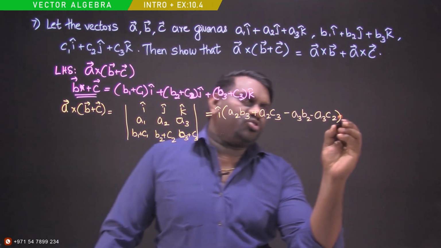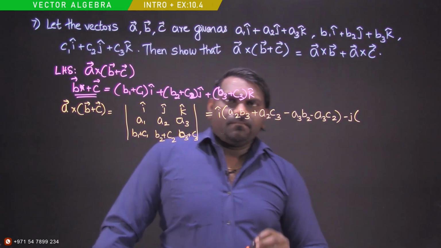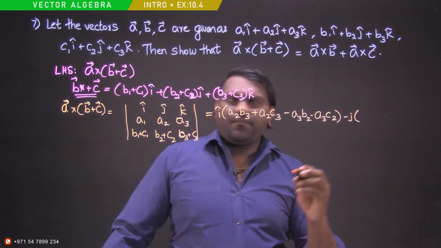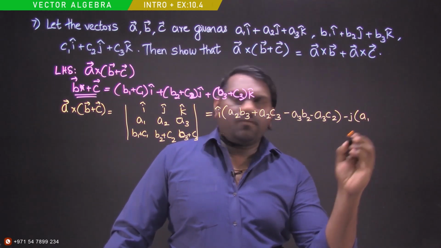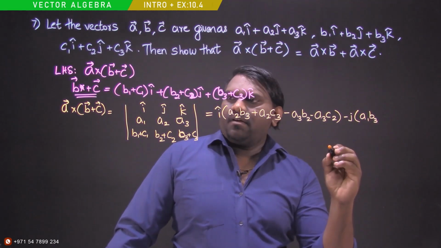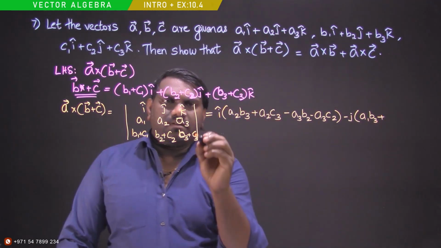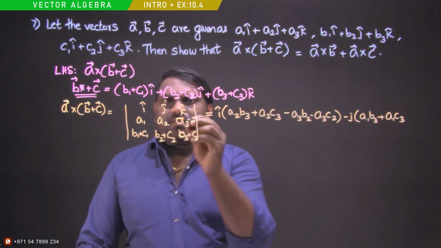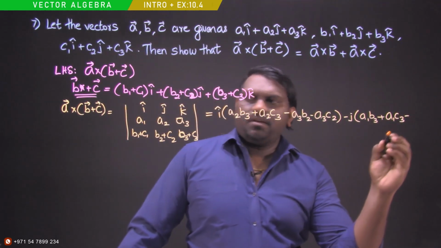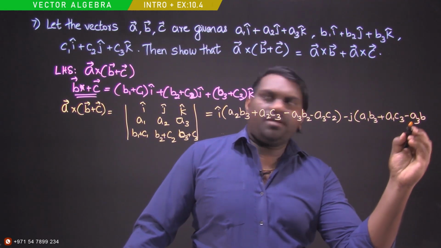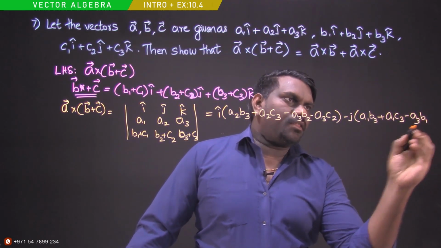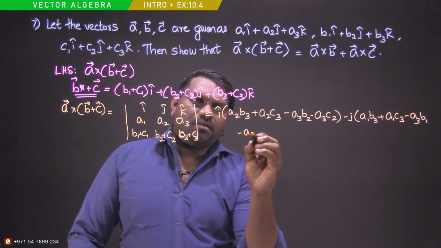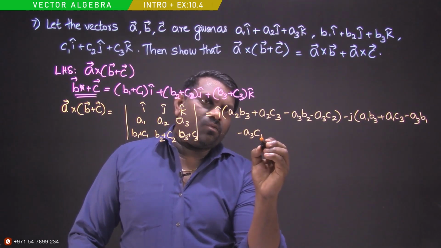So the i term is done. Now minus j: A1 B3 plus A1 C3, minus A3 B1, minus A3 C1.